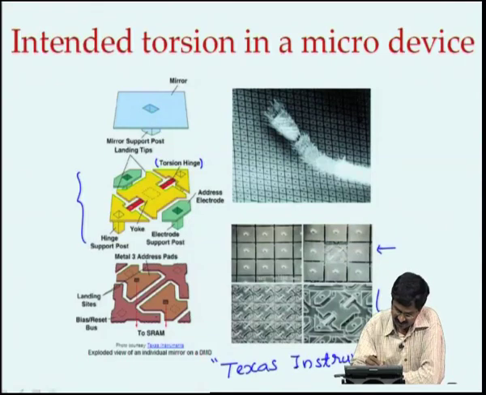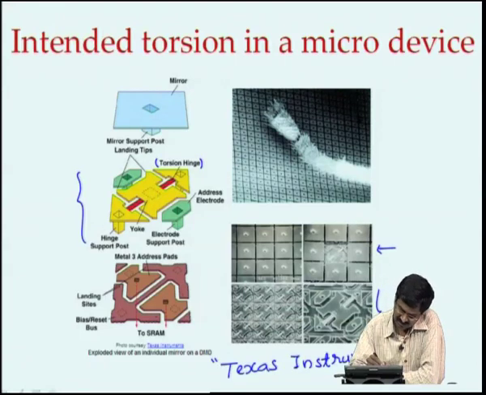That is done because these torsion hinges can twist, and the force application is done through these electrodes underneath, which exert an electrostatic force to tilt this H shaped one this way or that way.